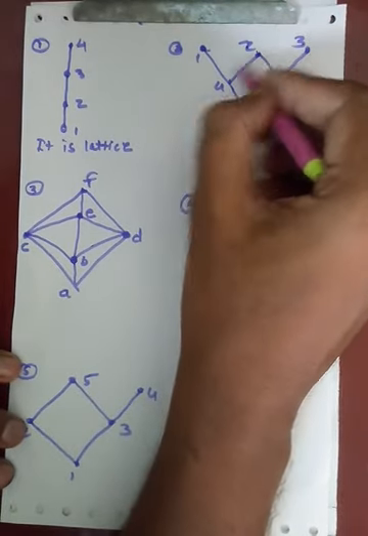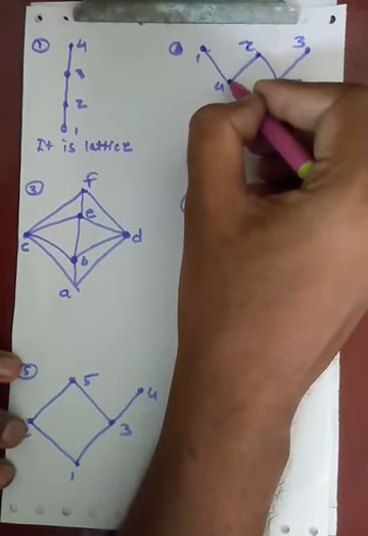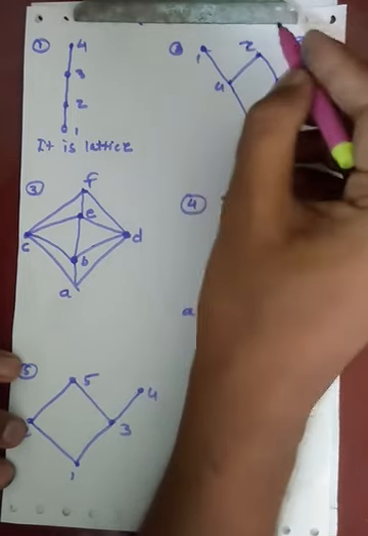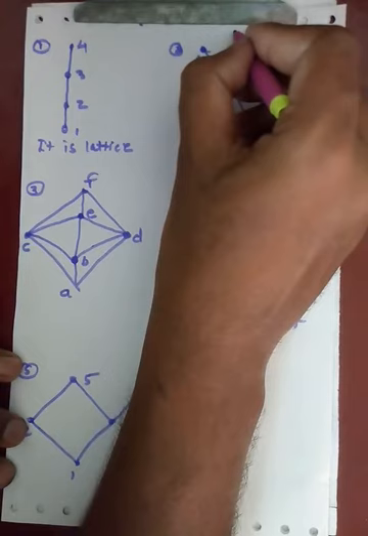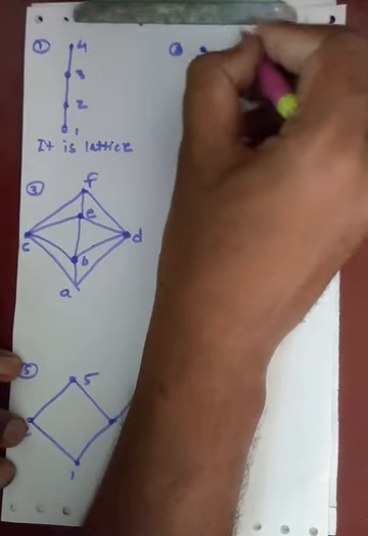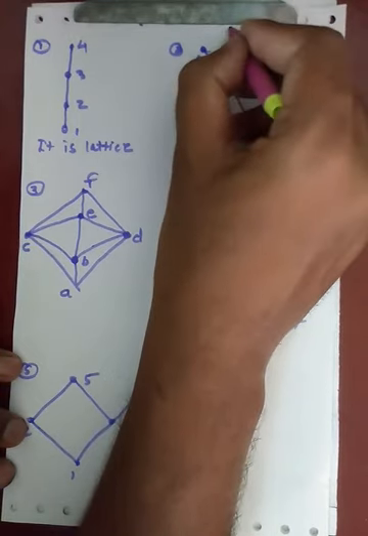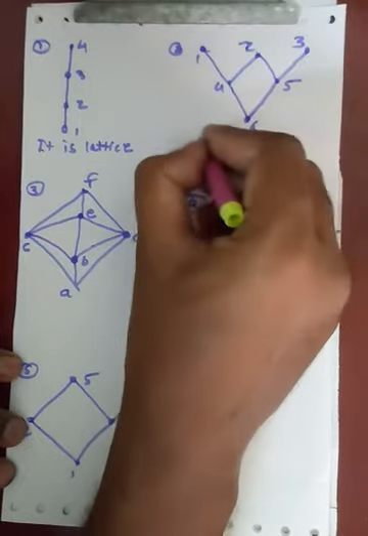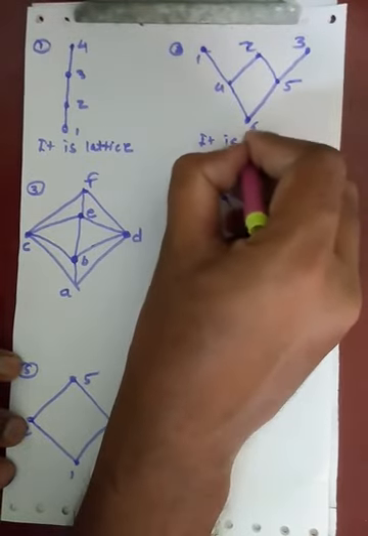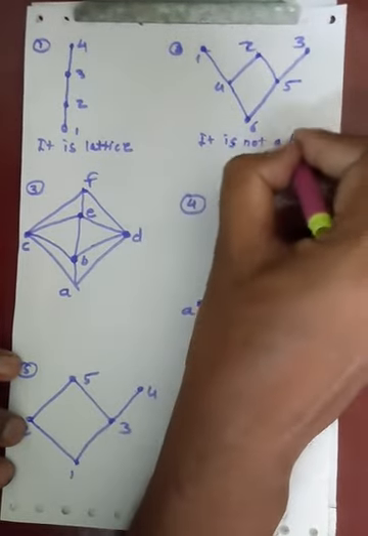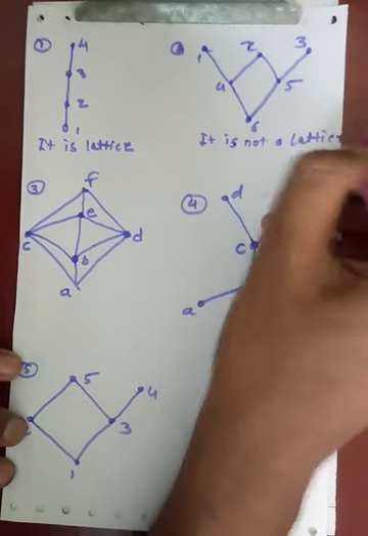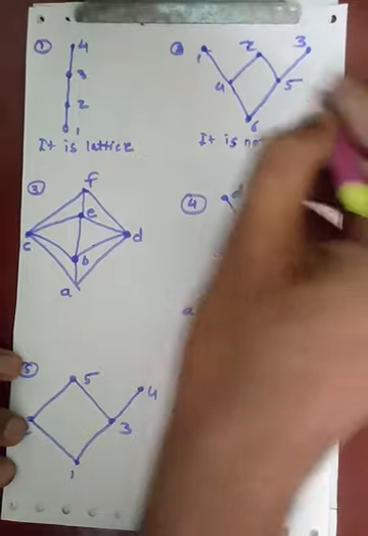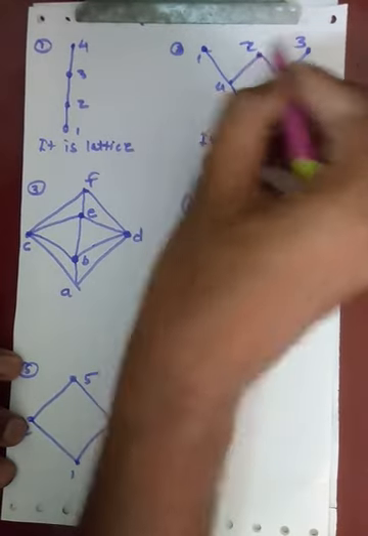For 1, 2, 4 is the greatest lower bound, and for 1, 2 there is no least upper bound, right? There is no upper bound for 1, 2, therefore it is not a lattice.